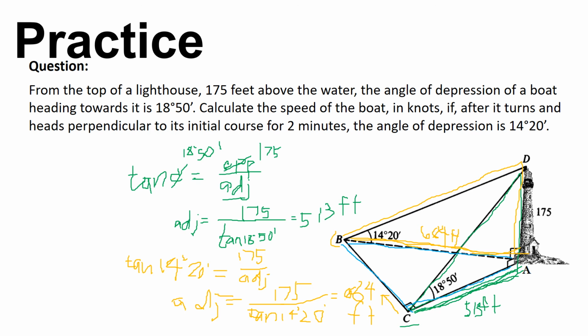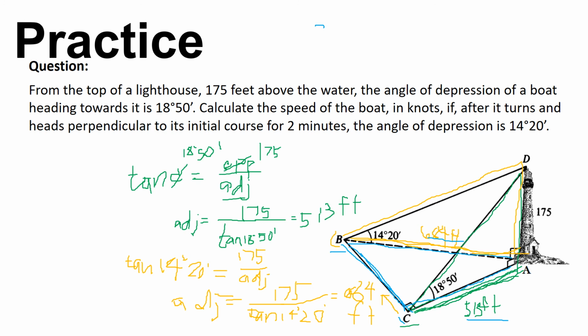In order to solve for the distance between position C and position B, we are given two sides of the triangle, which is 684 feet and 513 feet. We will use the Pythagorean theorem to solve for the remaining side.